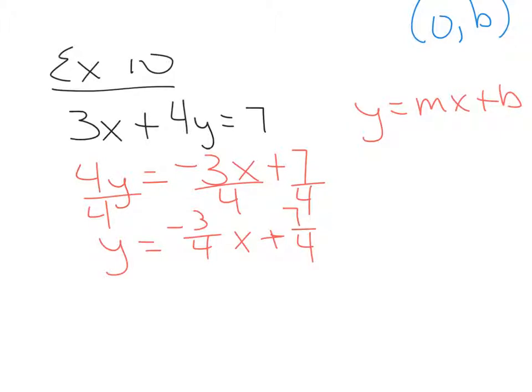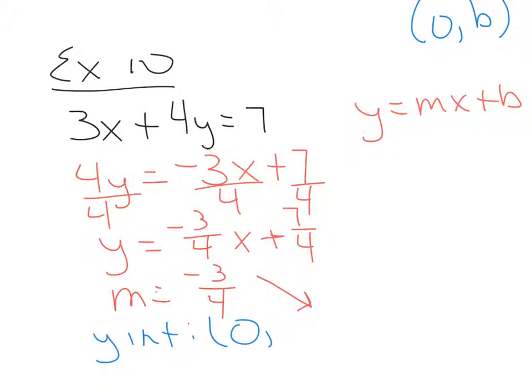So the slope is the coefficient here in front of x. So the slope is -3/4, which again means this line goes off downhill in this direction. The y-intercept, don't forget, it's an ordered pair.